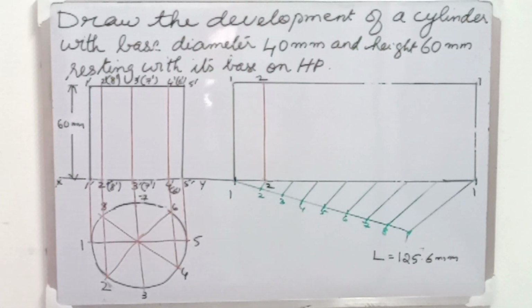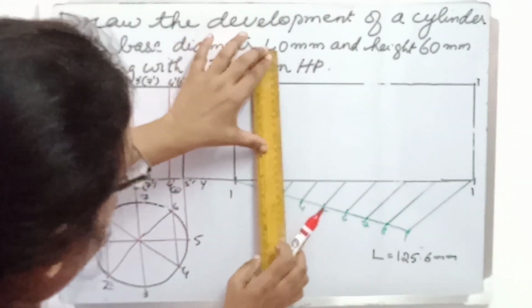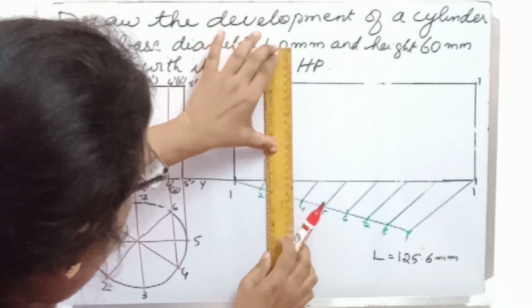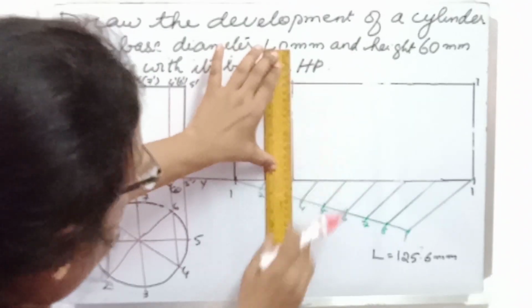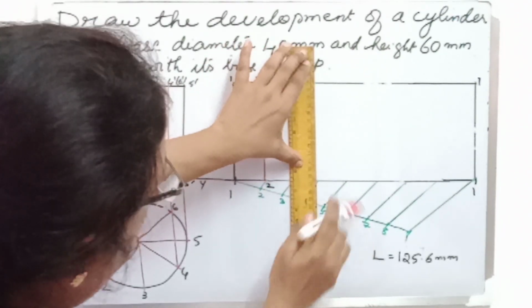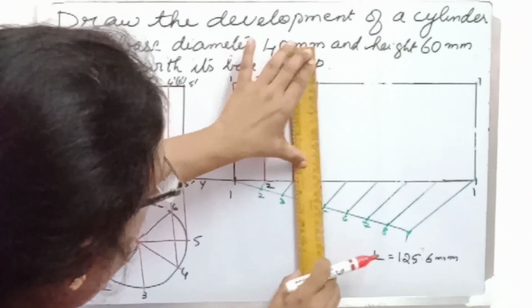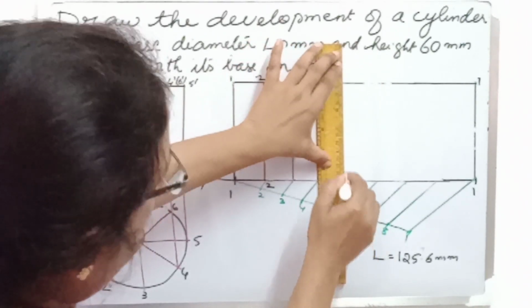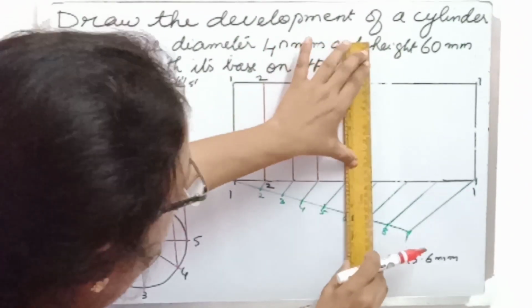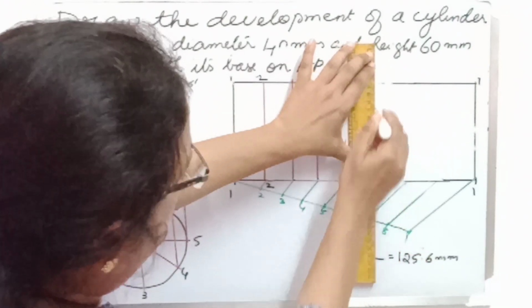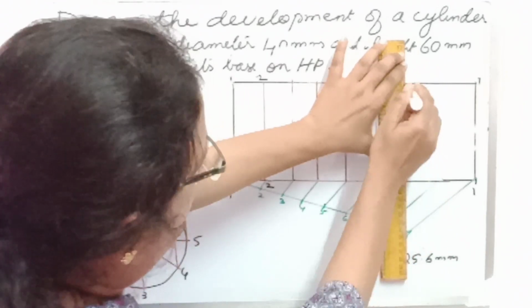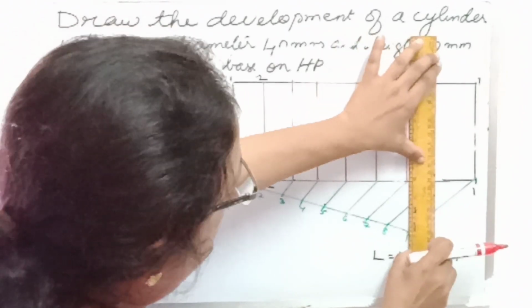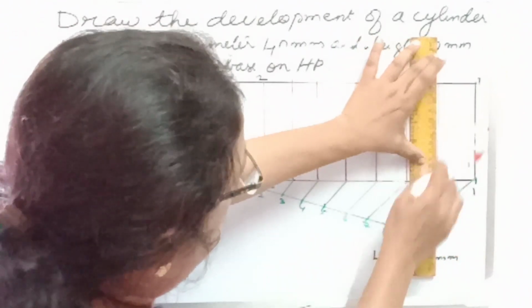So we have the generator 2, 2. Similarly, let us draw the other generators also. So I'm drawing the generator 3, 3, 4, 4, 5, 5, 6, 6, 7, 7, 8, 8, and finally the 1, 1 line is already there.